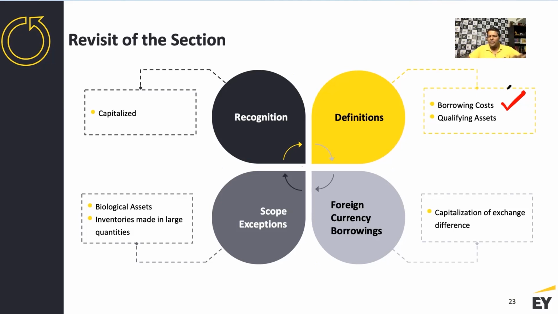However, if I have repaid that loan and the unrealized loss actually got converted into a realized loss, then there is no decapitalization required, because it just got settled. In future periods, for any loan which is outstanding, only to the portion which I had actually considered for capitalization, any other foreign exchange gain or loss over and above what is considered as part of Ind AS 23 is to be dealt with under Ind AS 21.